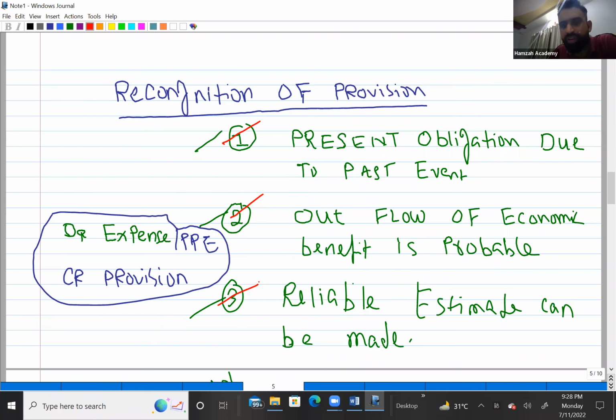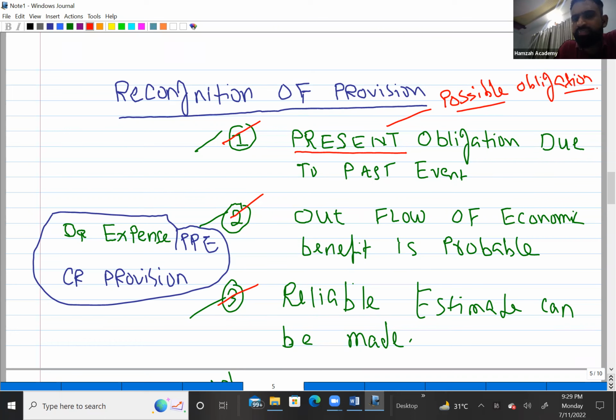Maximum it can be a contingent liability. For example, if it is not a present obligation, rather it is a possible obligation due to a past event, then we cannot recognize a provision. Then it will be a contingent liability.